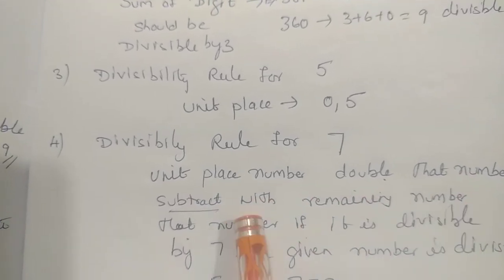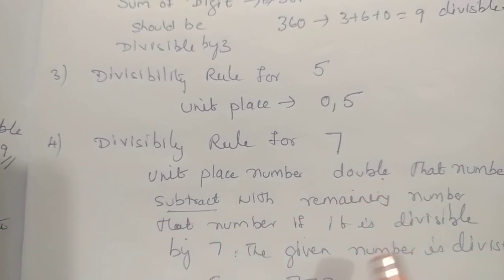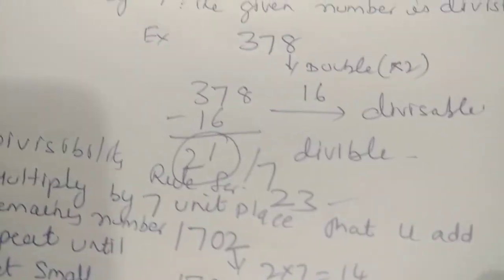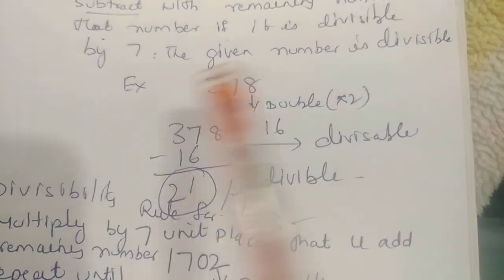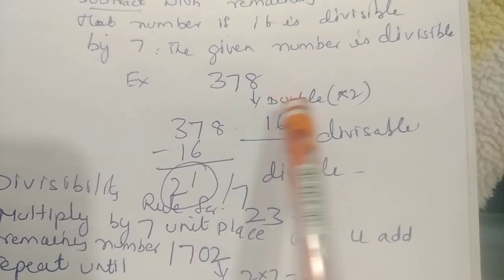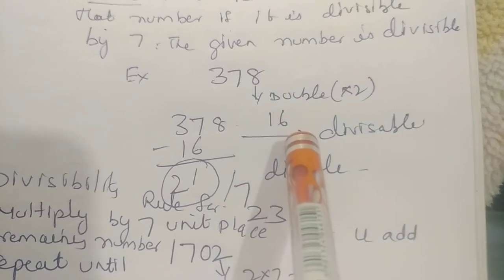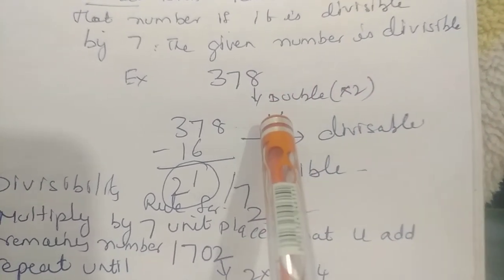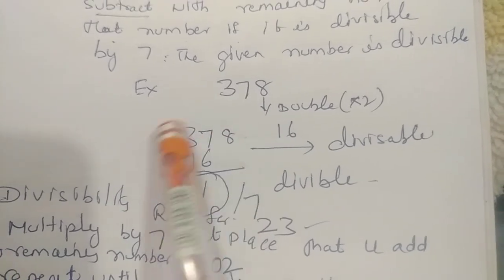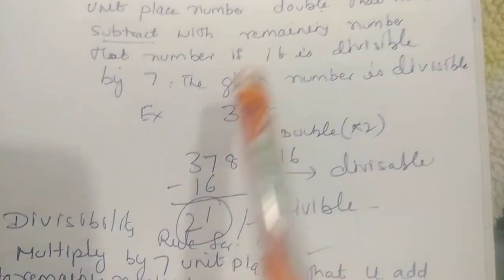Then if that result is divisible by 7, the given number is divisible by 7. Example, take 378: the units place is 8, so double it, 8 into 2, you get 16. Subtract 16 from the remaining numbers.